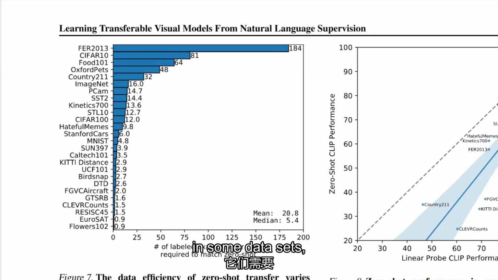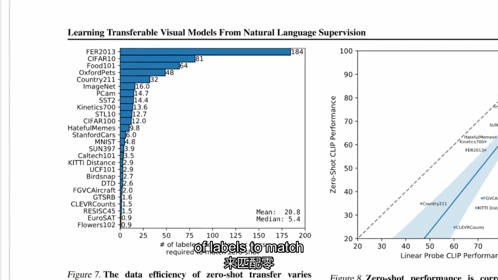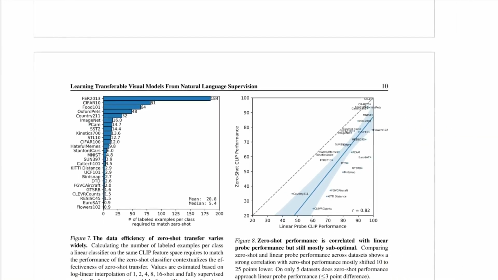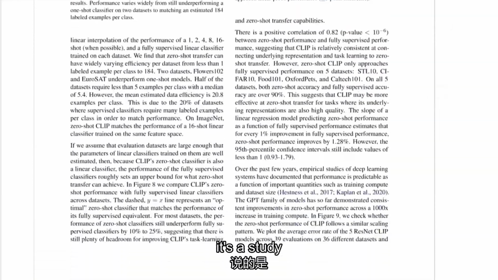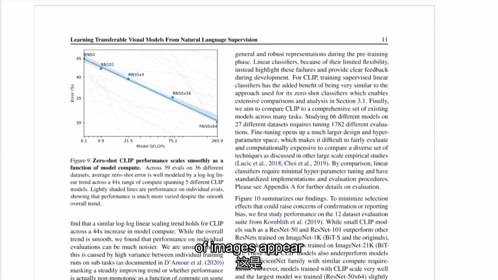Again, in some data sets, they require lots of labels to match zero-shot performance. So it is really a study into what kind of images appear on the internet.